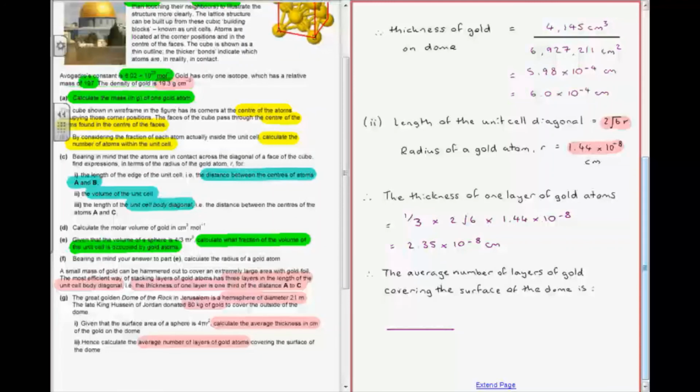And so we can say that the average number of layers of gold atoms covering the surface of the dome is the thickness of the gold, 6.0 times 10 to the minus 4, divided by the thickness of one layer of gold atoms, 2.35 times 10 to the minus 8, which gives us a value of 25,446, or sticking with our degree of accuracy of two significant figures, 25,000.